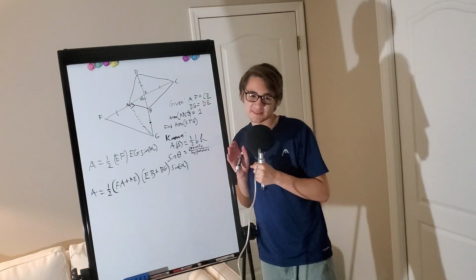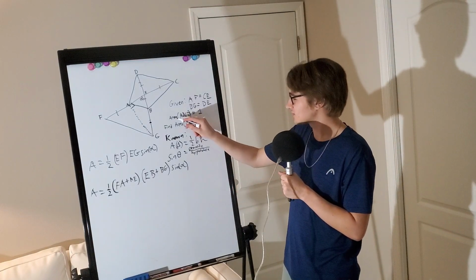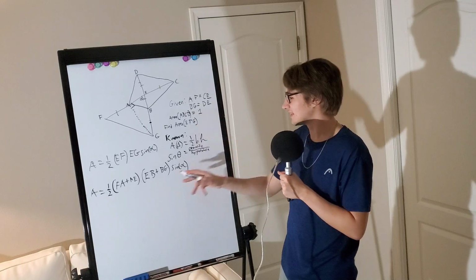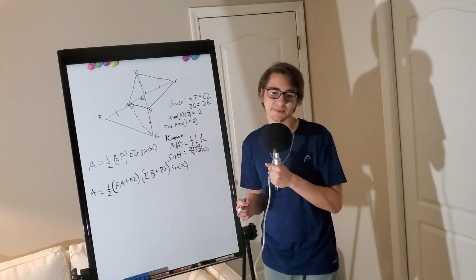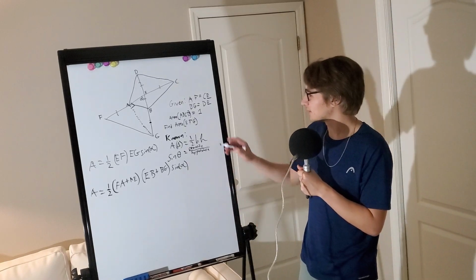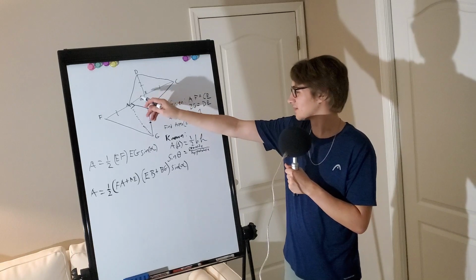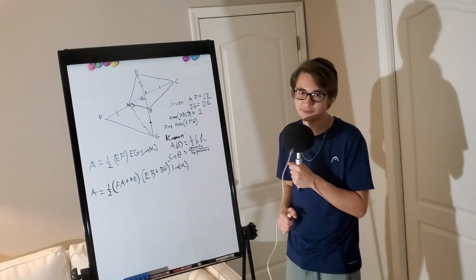Maybe it's worth looking at this problem from the other side. Let's try to find the area of ABCD, and maybe we'll see something that resembles this, and we'll see if we can make them meet in the middle a little bit. So how would you find the area of this quadrilateral ABCD? What is an expression we can write for it?